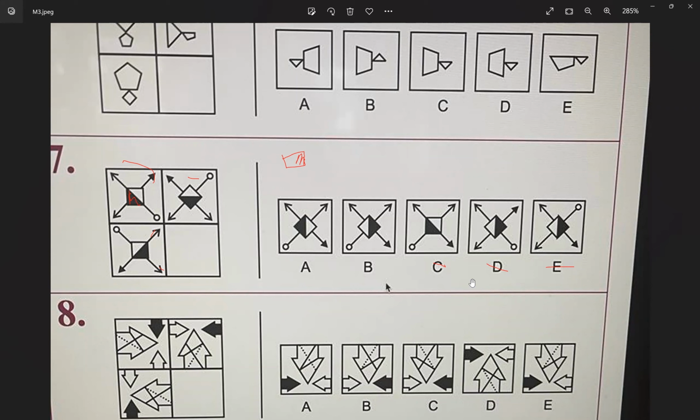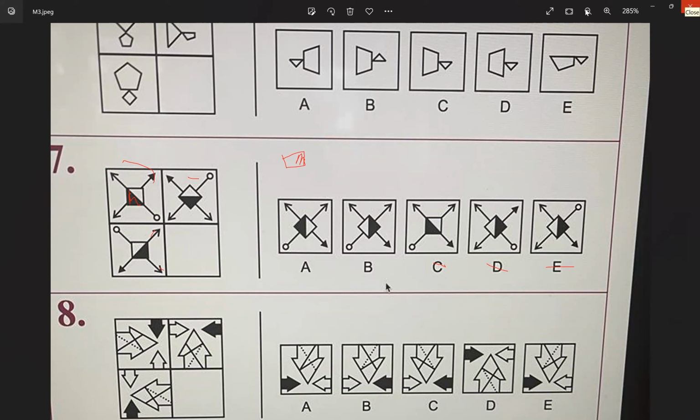So when we rotate it, is the answer A? Why A? Because I think the rotation is correct. The rotation of lines or the squares? The lines and the square, I think.